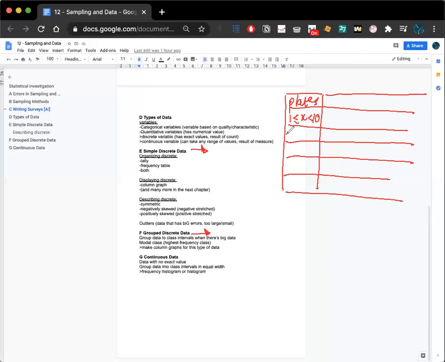And then in other restaurants, we have the data of 10 to 20 plates. And in bigger restaurants, we might have 20 to 30 plates and etc., etc.